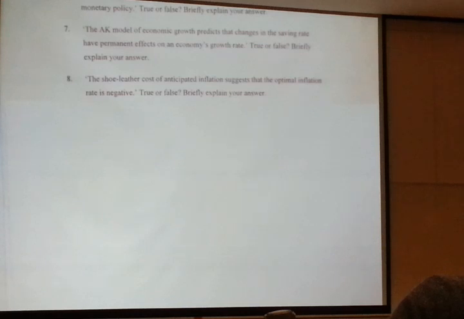Now, there might be lots of reasons why you don't want to have a huge amount of cash in your wallet. You don't want someone to steal your wallet and lose a lot of money. But if you think about the Baumol-Tobin model of money demand, there's also another reason why you might not want to have a large amount of cash in your wallet.